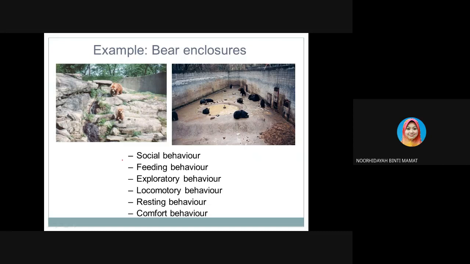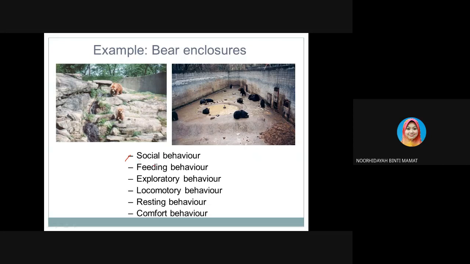More widely adopted is the assessment of the quality and quantity of the facilities in the zoos, which can allow for the following behavior categories. For example, social behavior. In terms of social behavior, take bears.